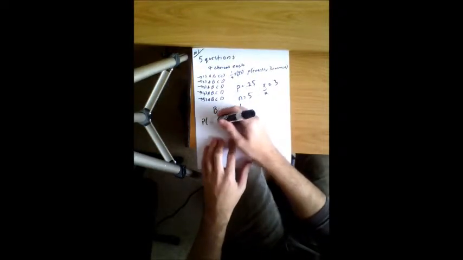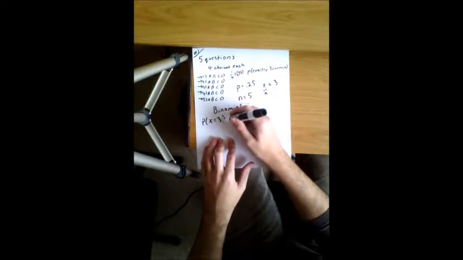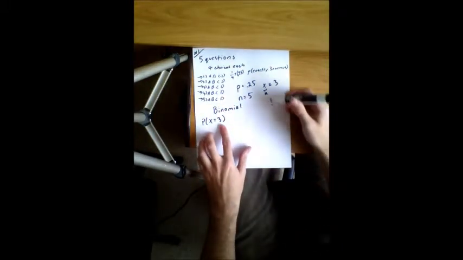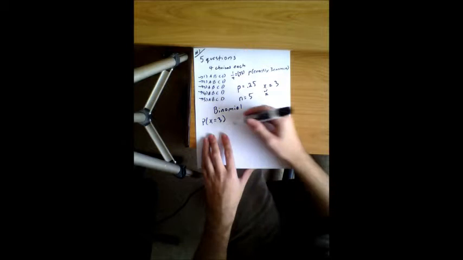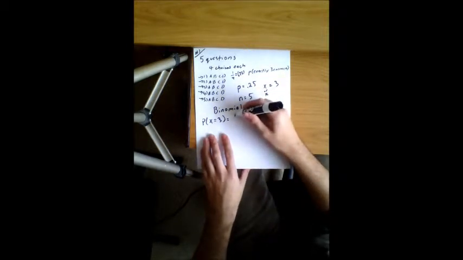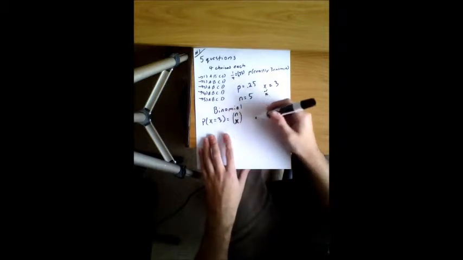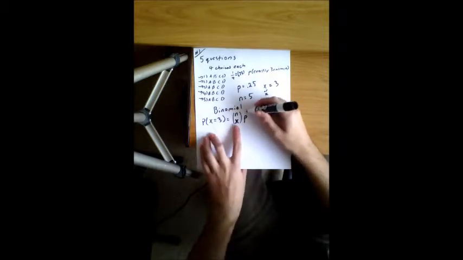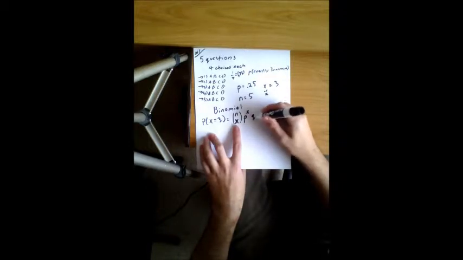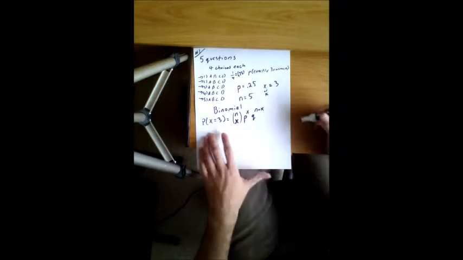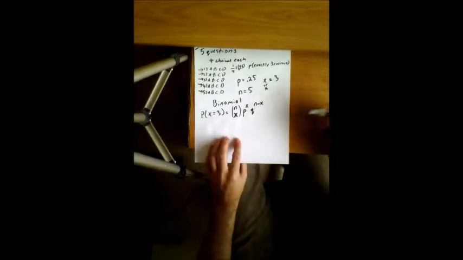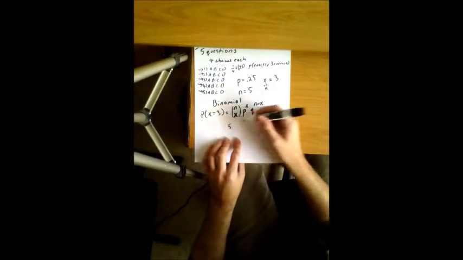So let's see, the probability that we get 3 correct is x equals 3 given this. They write it as n take k, or n take x, I suppose, times p to the x, and q to the n minus x. So filling this in, we have 5 total.